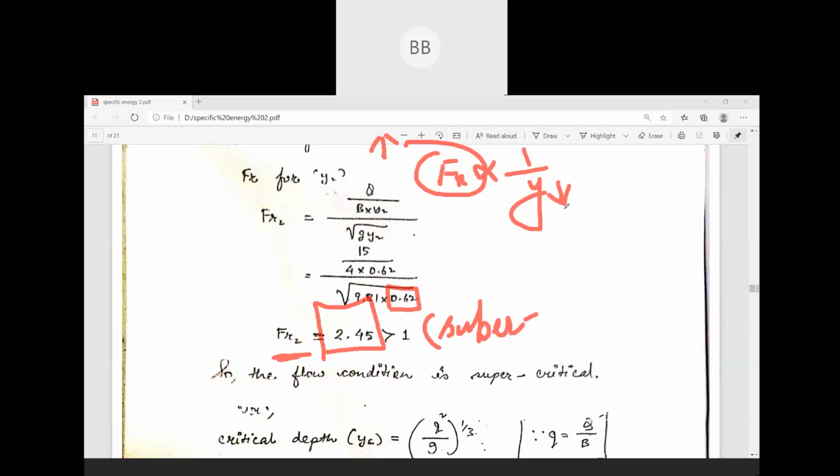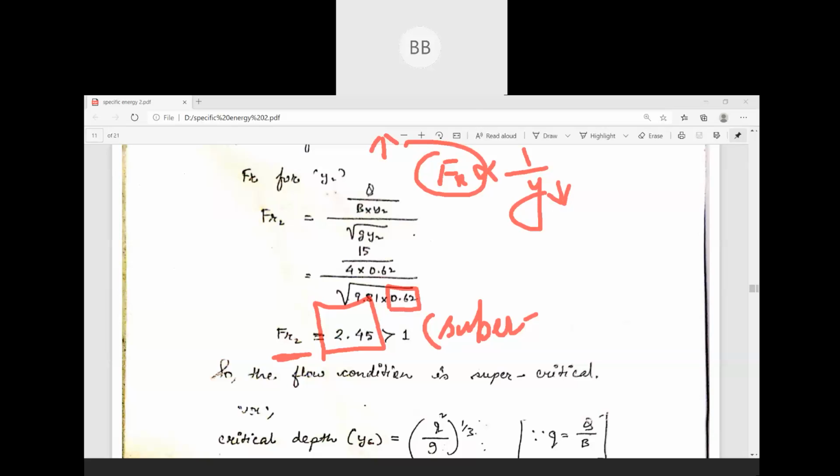So think like this: when there is supercritical flow, your depth of flow is less than the critical depth, and when your depth of flow is less, then your Froude number increases. So for supercritical, your Froude number is always greater than 1, and for subcritical, your Froude number is always less than 1.